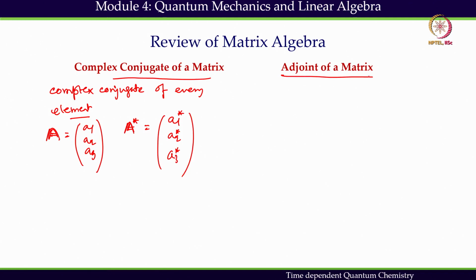Adjoint of a matrix is similar to transpose, but the elements are replaced by their complex conjugates.